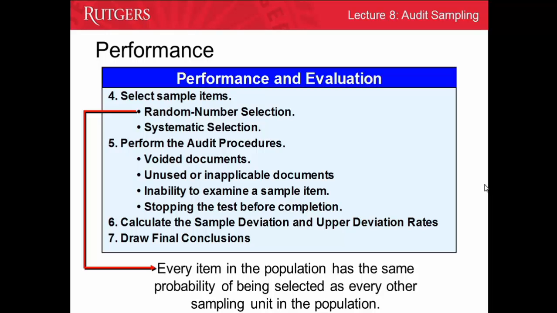Statistical sampling requires that the auditor be able to measure the probability of selecting the sampling units selected. Thus, random number selection is used in many statistical sampling applications. Auditors typically use unrestricted random sampling without replacement for sampling applications. This means that once an item is selected, it is removed from the frame and cannot be selected a second time.